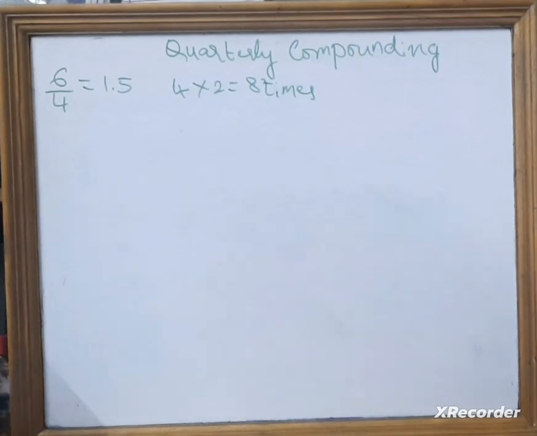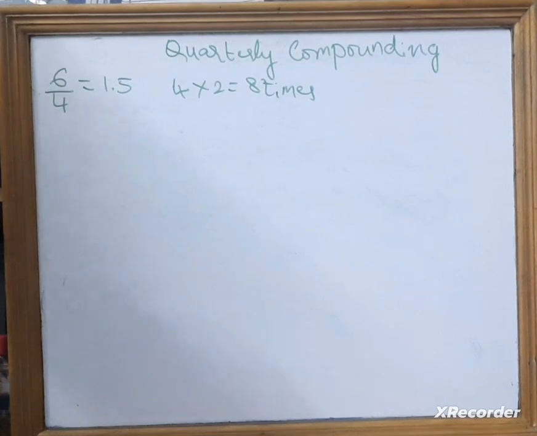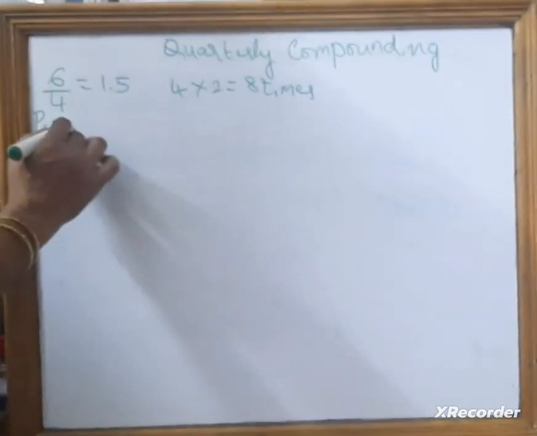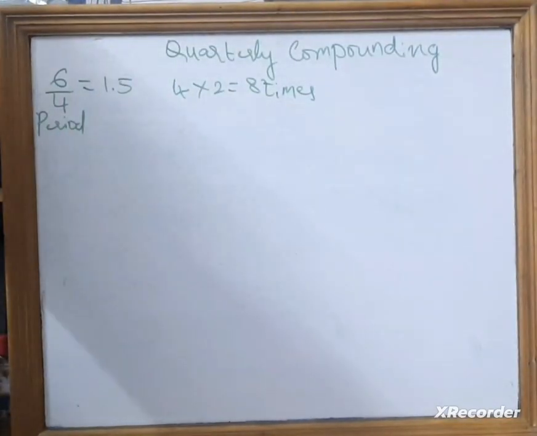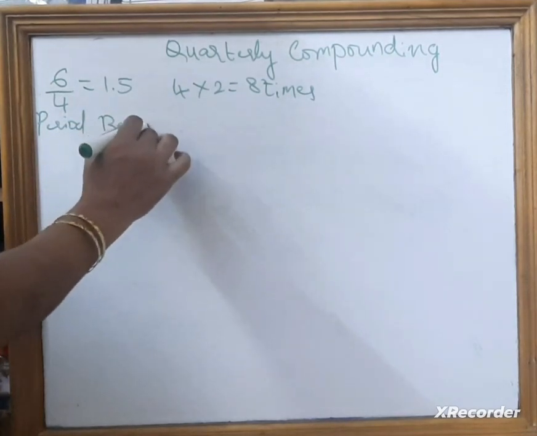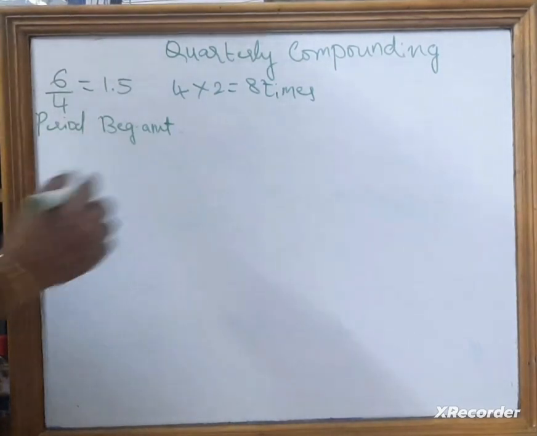So let us prepare a table to show how the quarterly compounding is done. Period, beginning amount, interest factor.